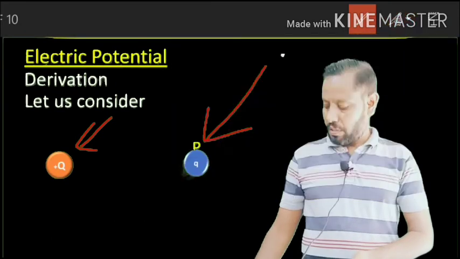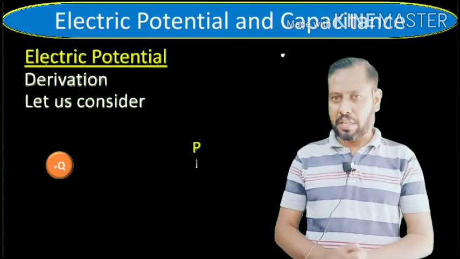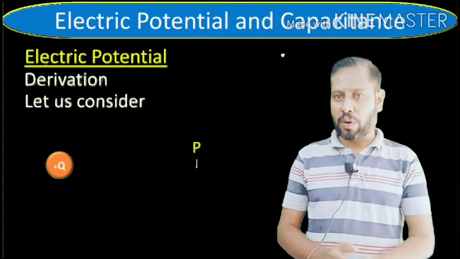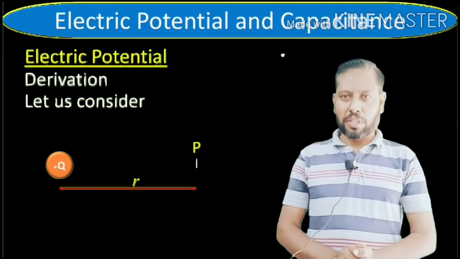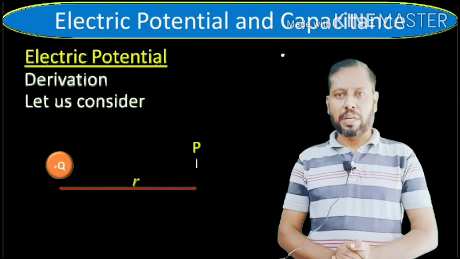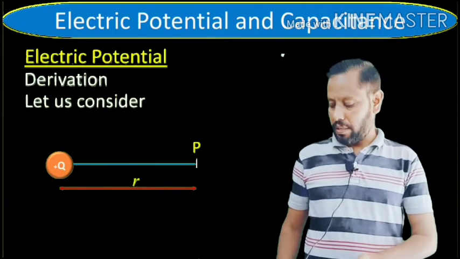Now when we are shifting this charge, we have to perform some work. Let us say the distance of this point P from capital Q charge is small r, as shown in the diagram.